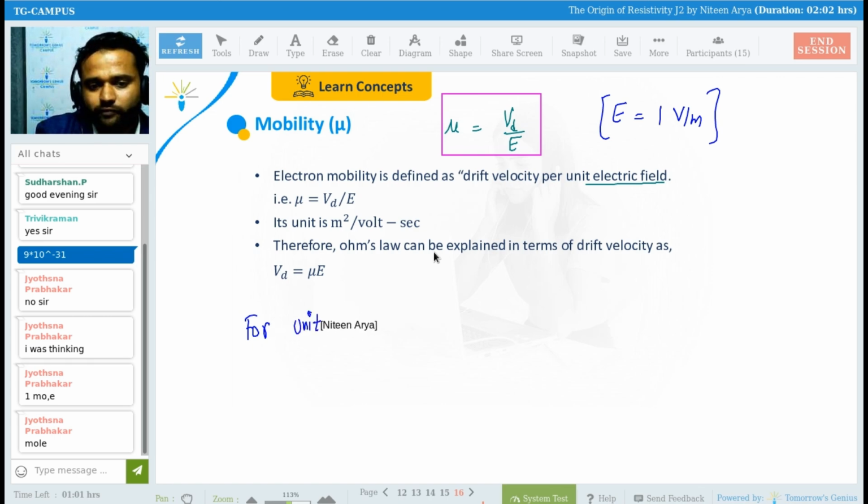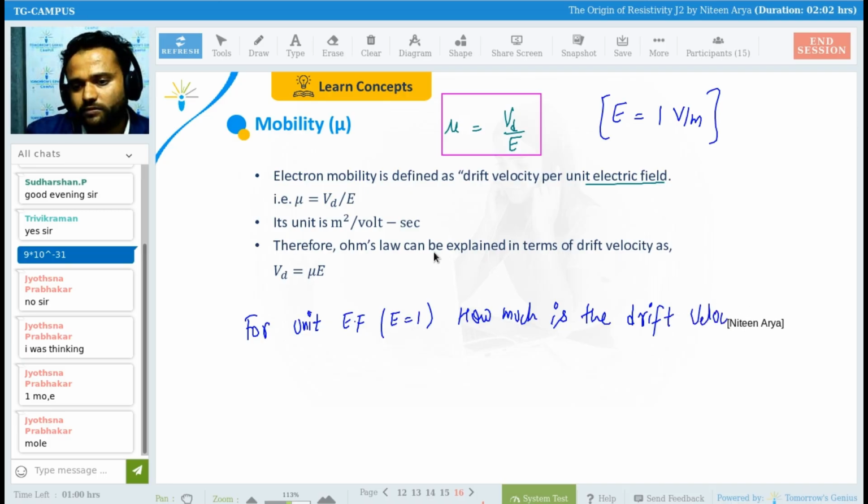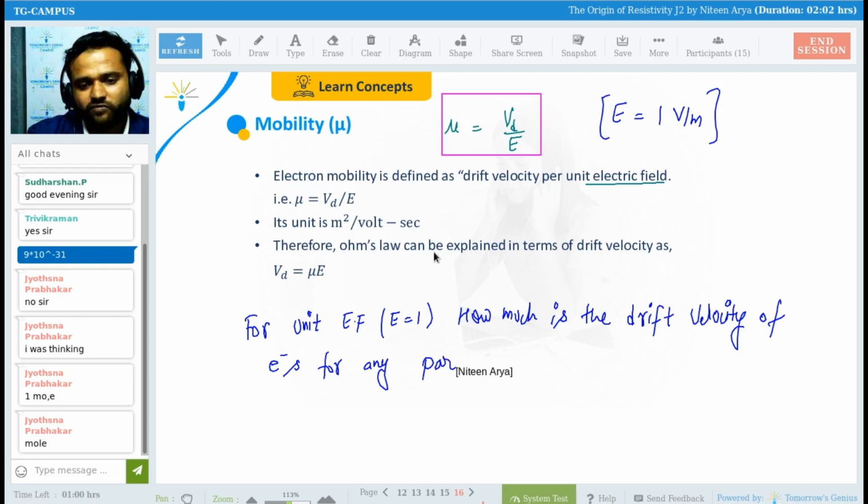For unit electric field E, how much is the drift velocity of electrons, or you can say charged particles, for any particular medium, conductor, for any particular material.